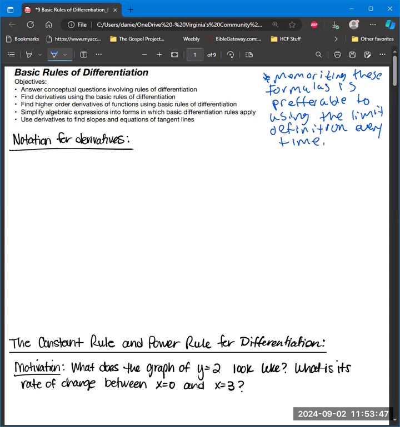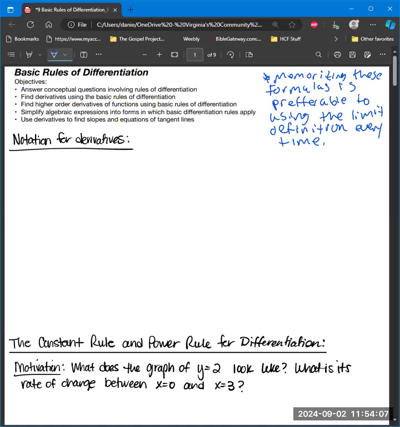And we already saw a couple examples last time where we didn't want to use the limit definition because the function was more complicated. These basic rules and some of our extensions of these basic rules will help us to calculate derivatives such as those.